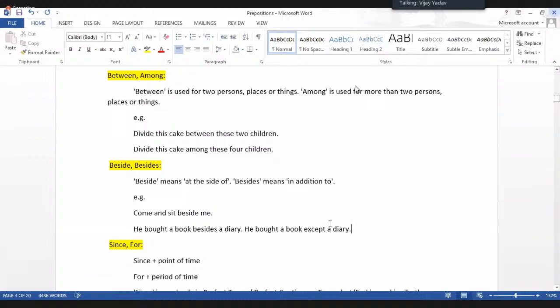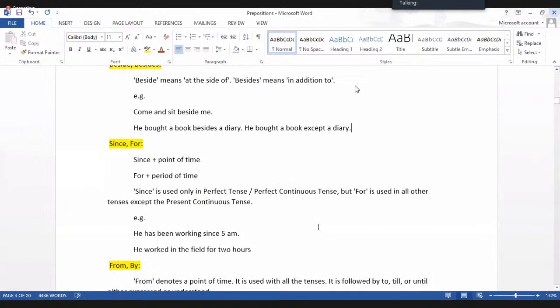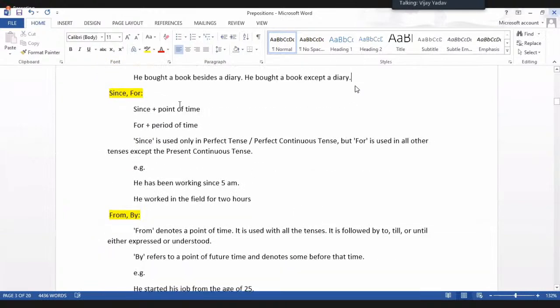So I have given the example, you can keep it in mind. Another is since and for. Since we use with a point of time, we use for with a period of time. Since is used only in perfect tense and perfect continuous tense. But for is used in all other tenses except the present continuous.